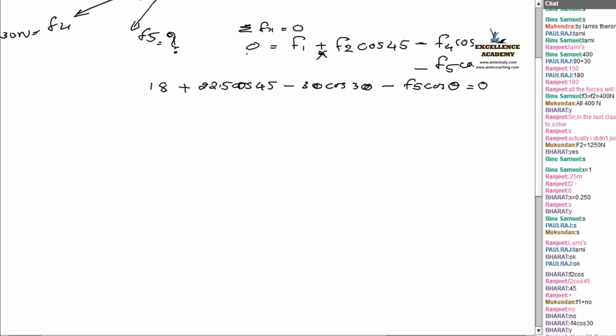Okay. Then I got an equation based on F5 cos theta. Am I right? Say F5 cos theta equals something. You will get how much? Do all of you have a scientific calculator?